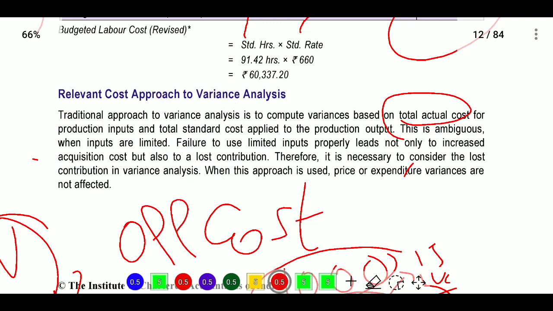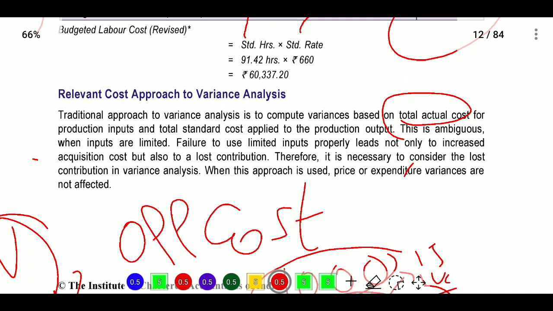When you do not use your inputs properly and want to purchase again, you are purchasing a small quantity, so your purchase cost and cost of acquisition will increase. Not only does the cost increase, but you also lose the contribution. It is necessary to consider the lost contribution in variance analysis. This is the relevant cost approach to variance analysis.